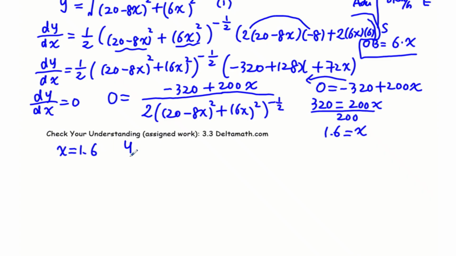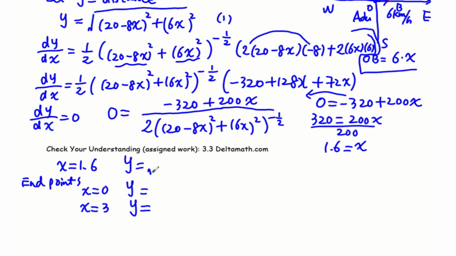We find the y value. The endpoints are x equals 3 or x equals 0. So we sub in to find the y value. So y equals this one, square root of (20 minus 8 times 1.6) squared plus (6 times 1.6) squared.